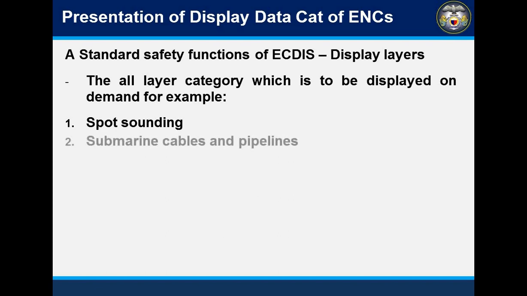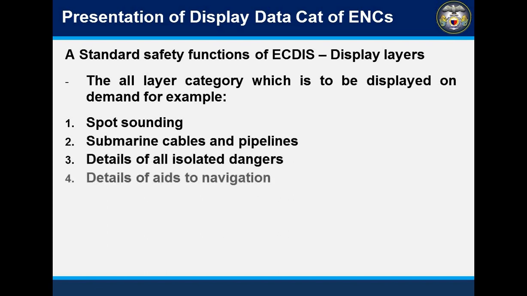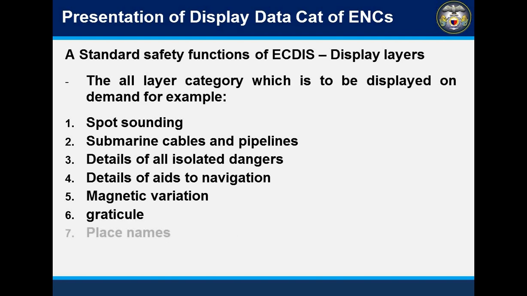So we have sample, spot sounding, submarine cable, pipeline, details of isolated dangers, details of aids to navigation, magnetic variation, graticule, place names, etc. Okay, so you will see that once you operate the ECDIS in our lab. So we can identify what we are talking about here.